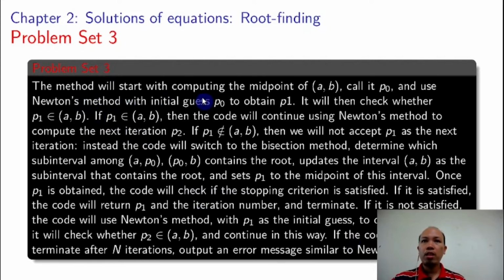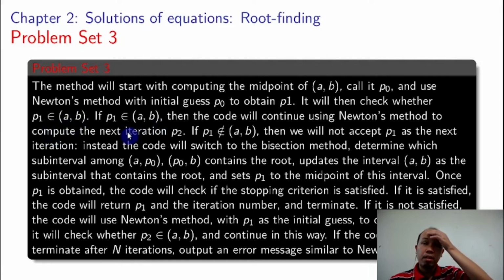The code will use the same stopping criterion used in Newton's method. The method will start with computing the midpoint of AB, so be careful, and call it P sub 0, and use Newton's method with initial guess P sub 0. So meaning to say, the midpoint of the interval AB is our initial guess, and that's for Newton's method to obtain P1. It will then check whether P1 is an element of this interval.